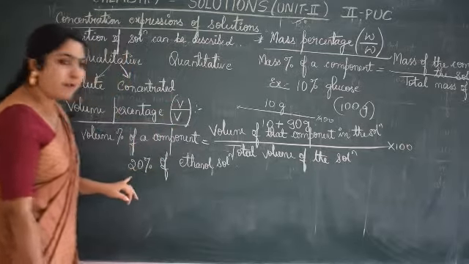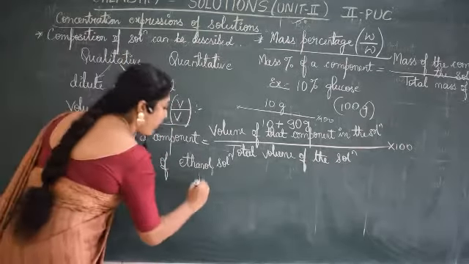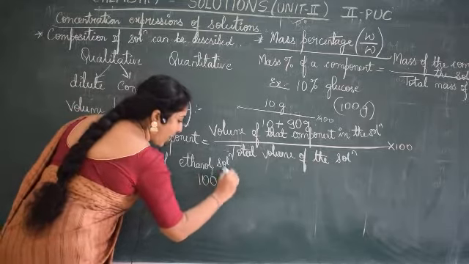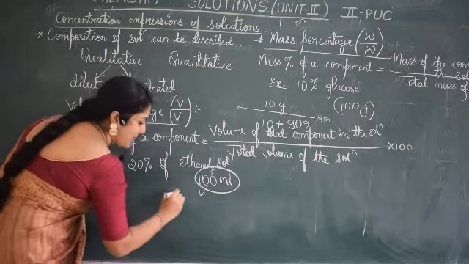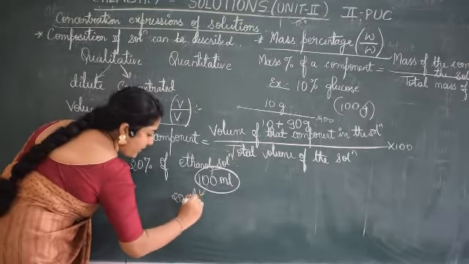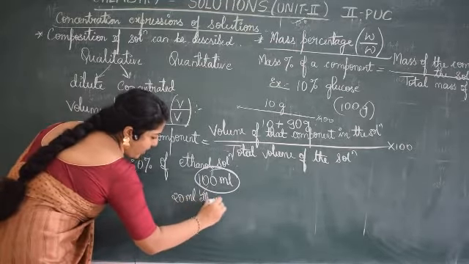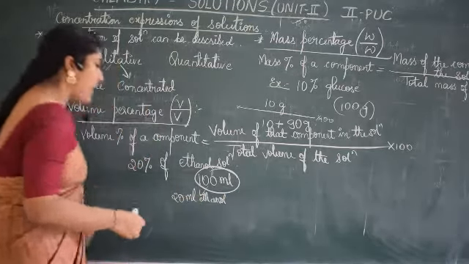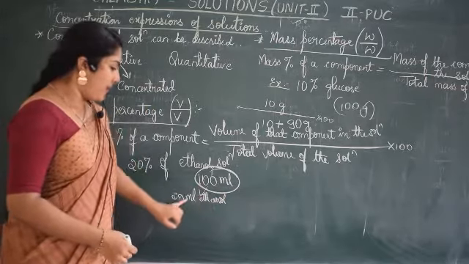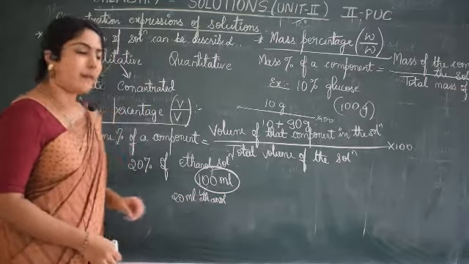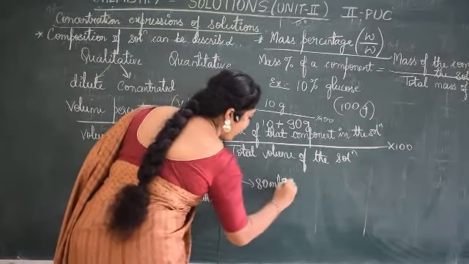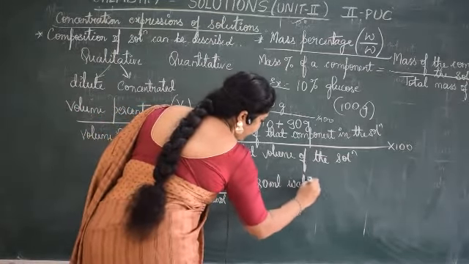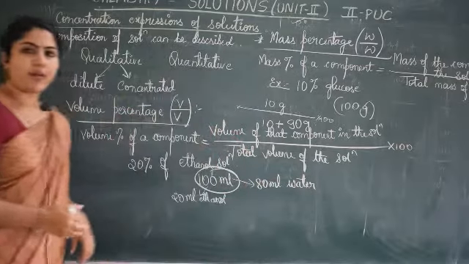So here 20% means out of 100 ml solution, 20 ml is ethanol. If 20 ml is ethanol, the remaining 80 ml will be solvent, 80 ml water is present. This is what it means, okay?